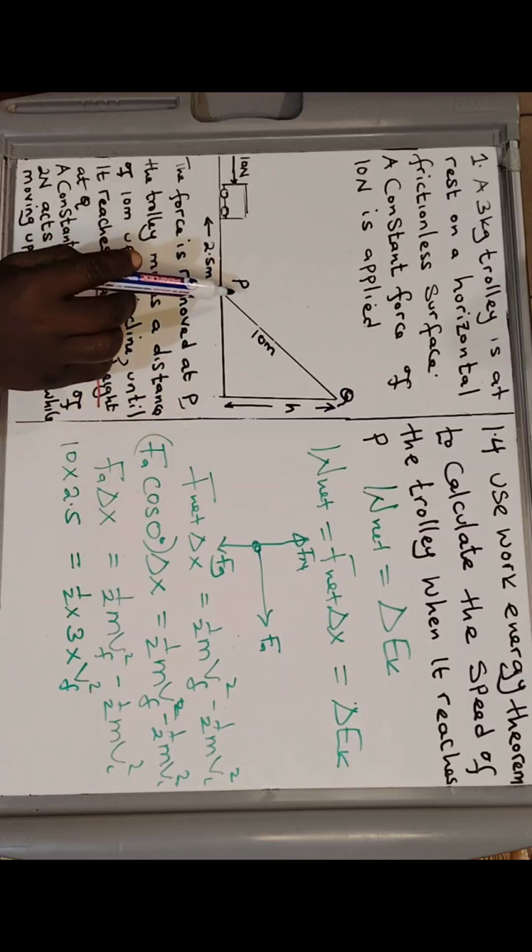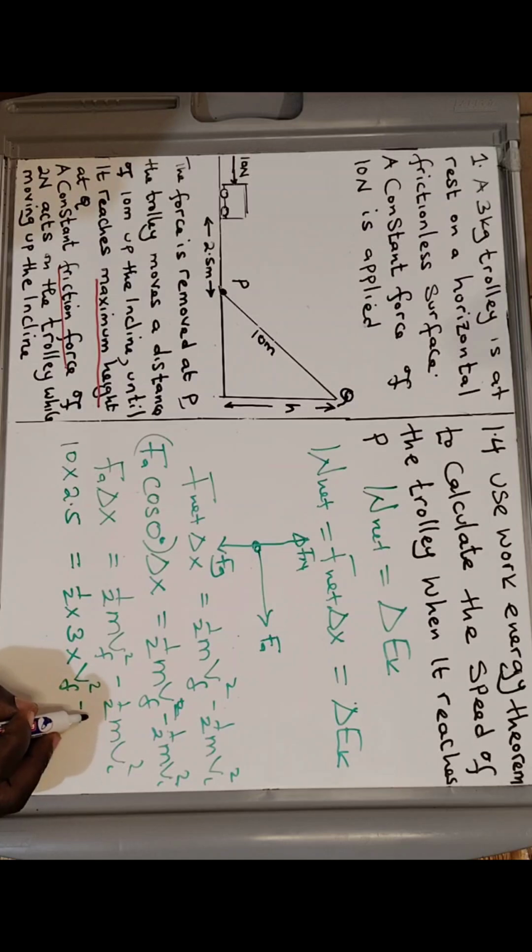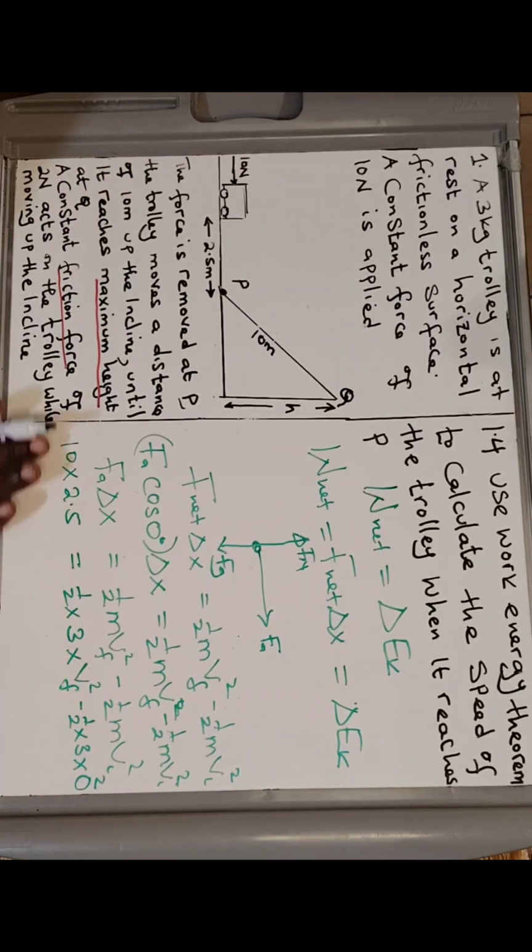The final velocity we are talking about is the velocity at P. So minus what? A half times 3 times 0 squared. So in short, we are going to have our 25 here, which is going to be 3 over 2 vf squared.